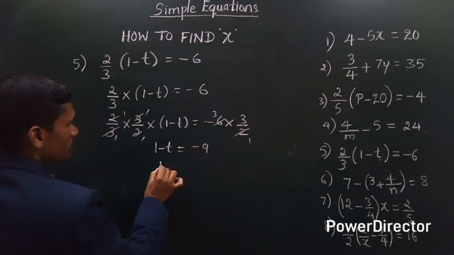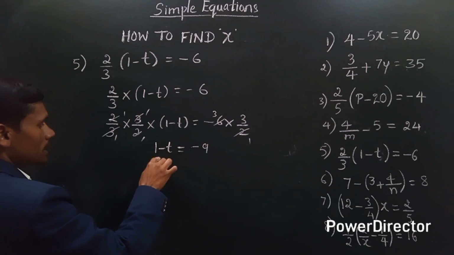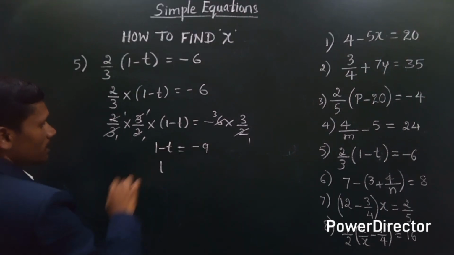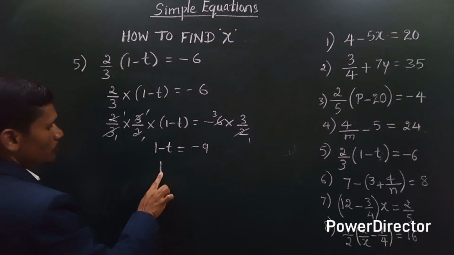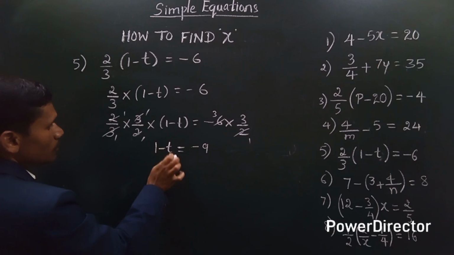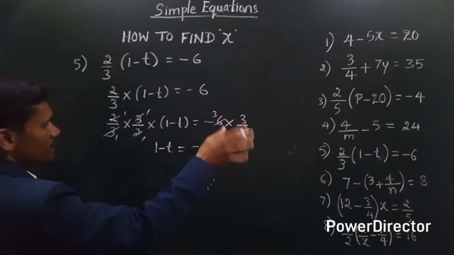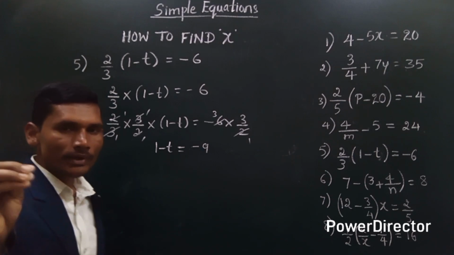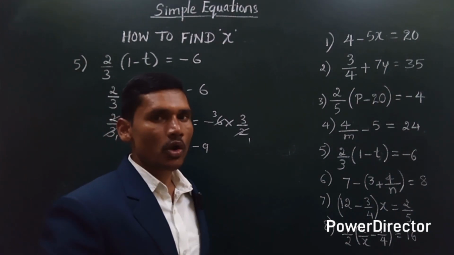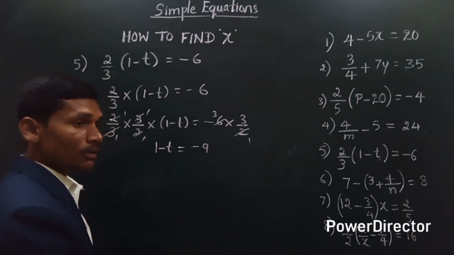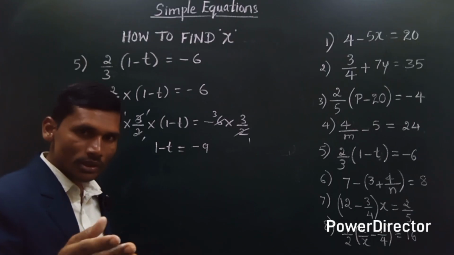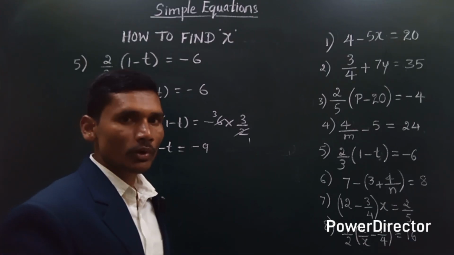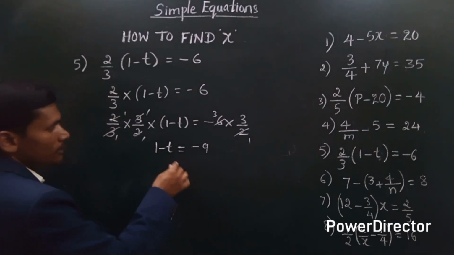Now we don't want what? Here 1. Let us transpose this to that side. Otherwise you can go for one more shortcut method. That is, t you take to the right side. It changes its sign. Okay. Because positive t you have to get. Always variables you have to keep in positive sign, not with negative signs. Okay, whatever the numbers are coming as solutions, let them be negative sign, no problem. But variables you should not keep with negative sign.